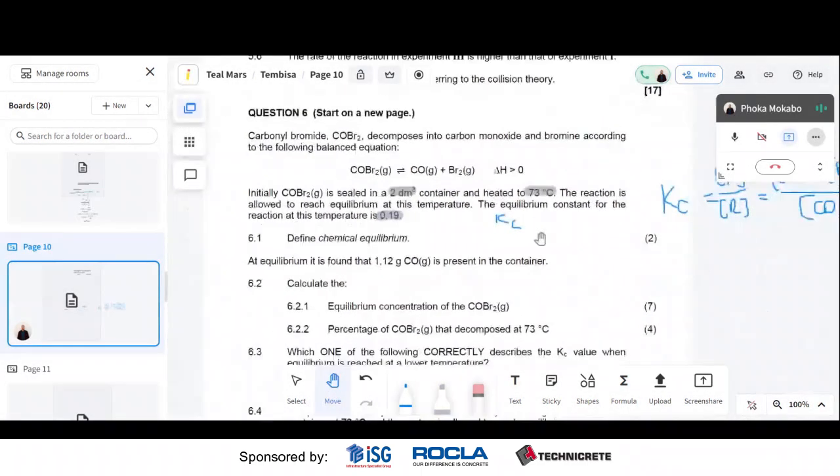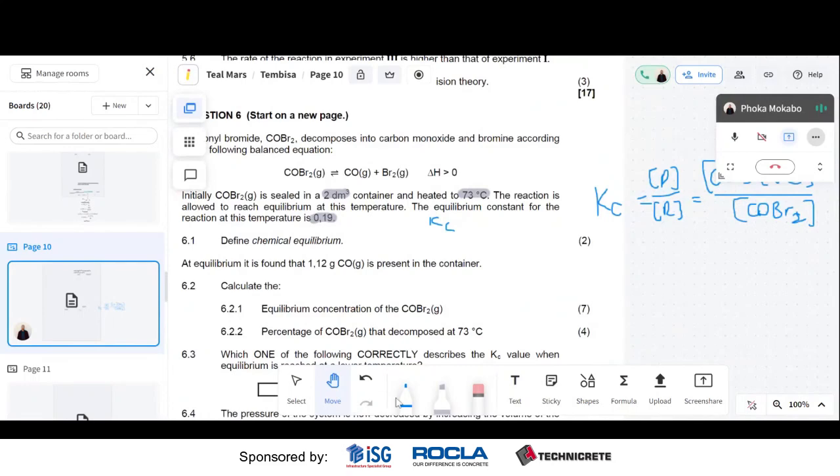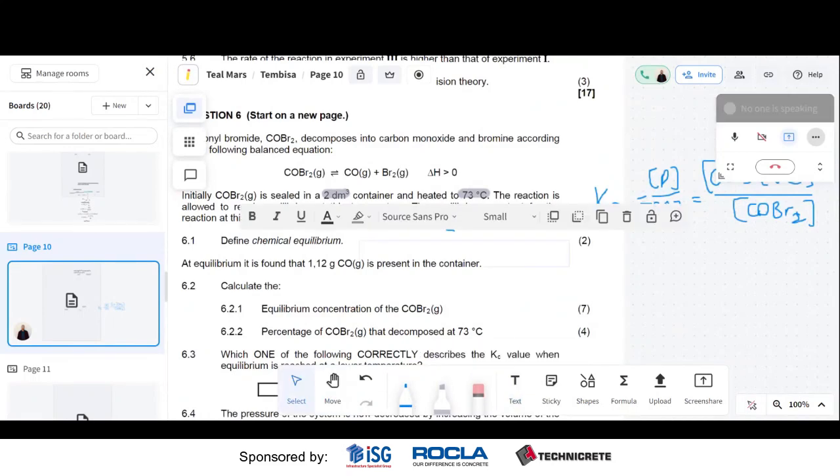Coming back over here, they ask us to define chemical equilibrium. A very simple definition of chemical equilibrium is the stage of a chemical reaction at which the rate of the forward reaction is equal to the rate of the reverse reaction.